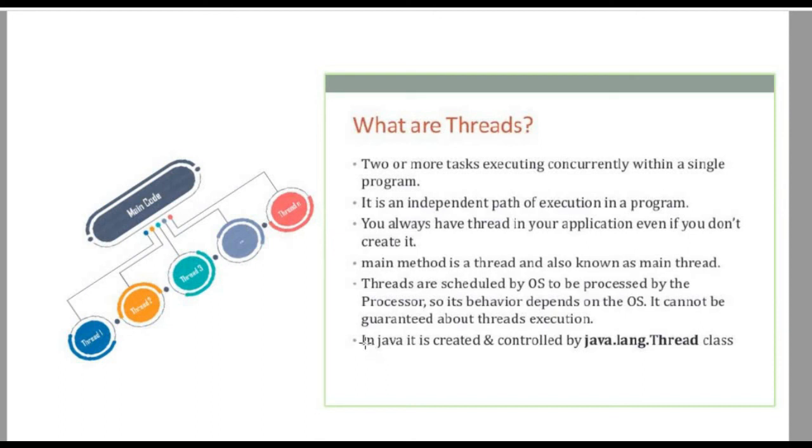The last point is that in Java, threads are created and controlled by a package. Everything related to a thread is stored in a package named java.lang. Lang is a package, and within the lang package there is a class, the Thread class. This Thread class contains all the features and functionalities of a thread.